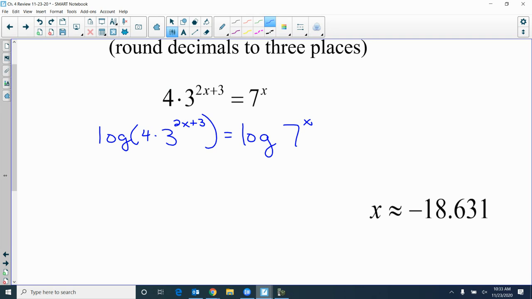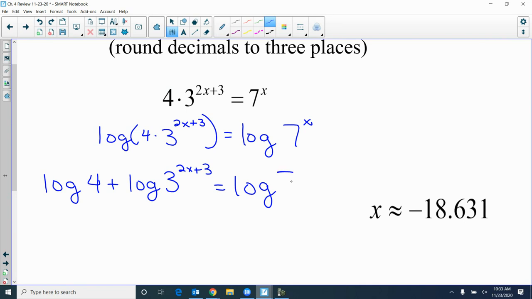That's a product on the inside. We use our rules and we can write it as a sum. That becomes the log of 4 plus the log of 3 to the 2x plus 3. And I still have equals the log of 7 to the x.